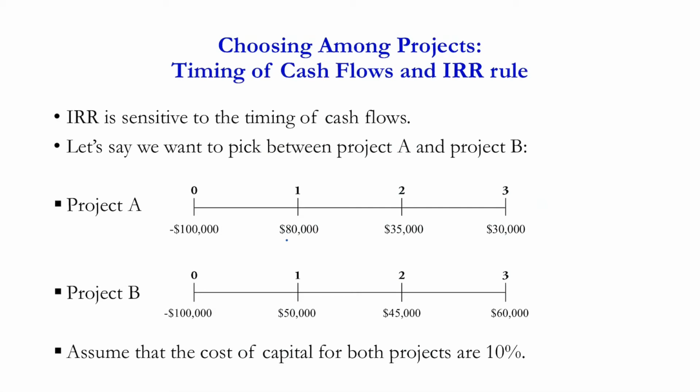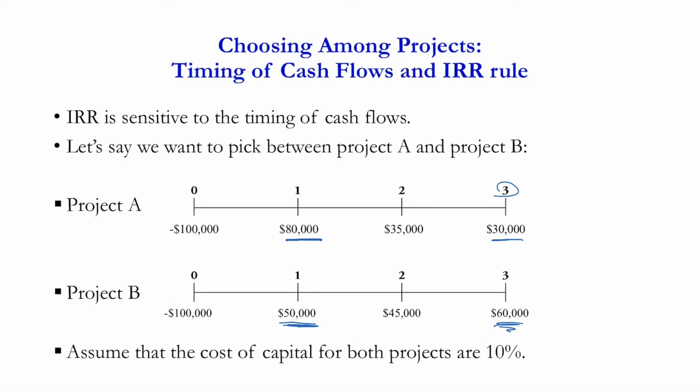But with IRR, the timing of cash flows is important. For example, how much you are getting back at the end of year one versus how much you are getting back at the end of year three might be important.